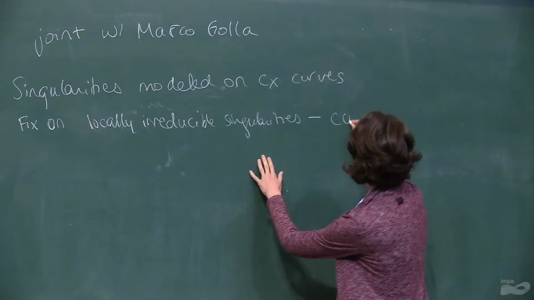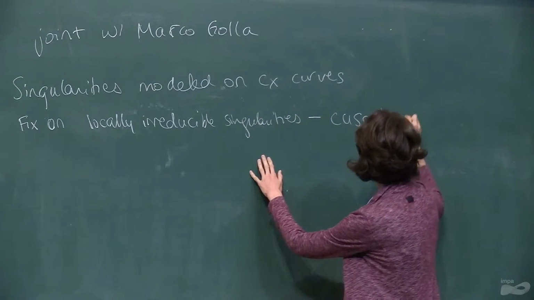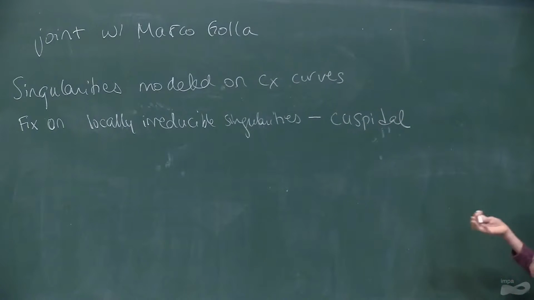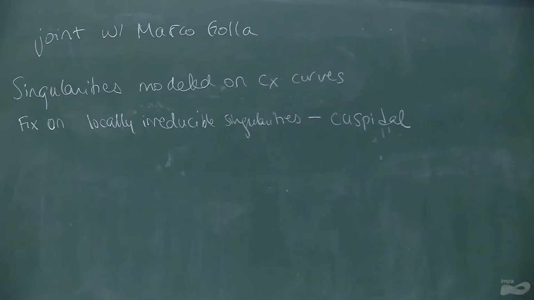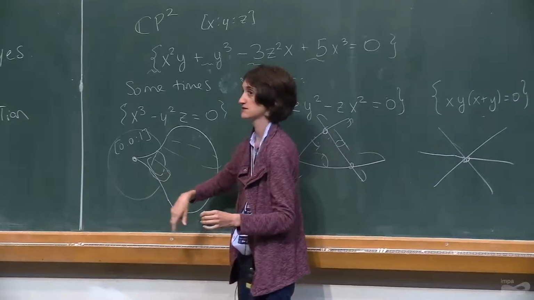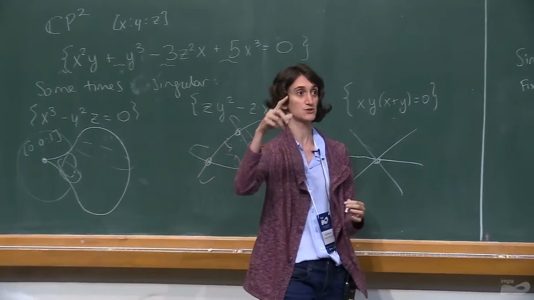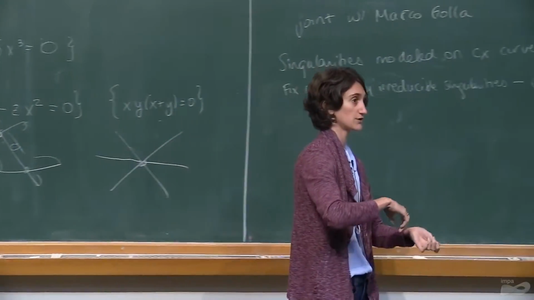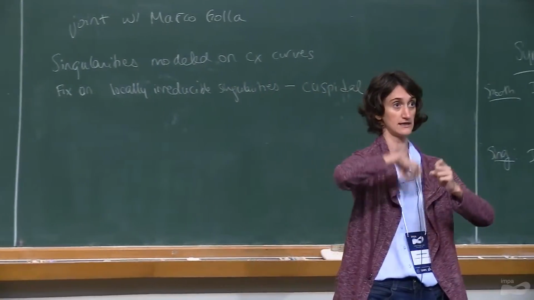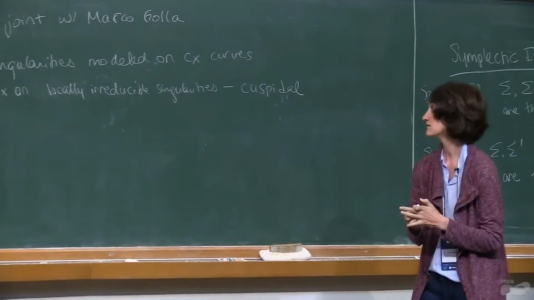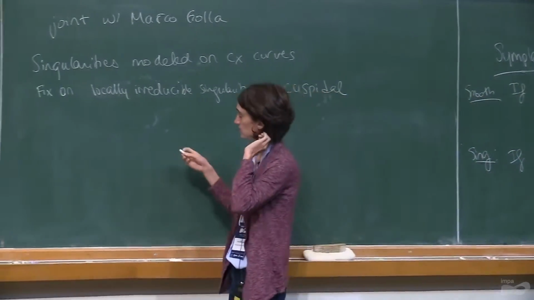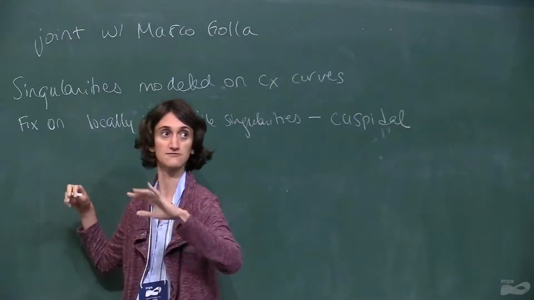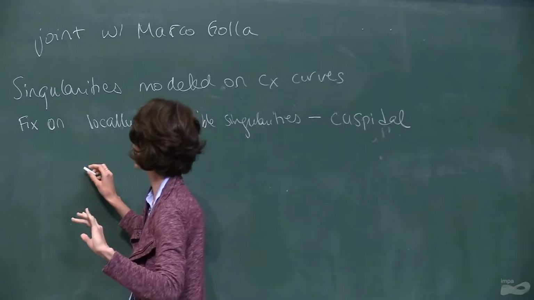That's what we're calling cuspidal. In this case, the knot that you see here is a trefoil for the degree 3 case. In general, it could be a torus knot, or you could take a torus knot and do an iterated cabling operation. We're going to look at the first level case, which is just torus knots.